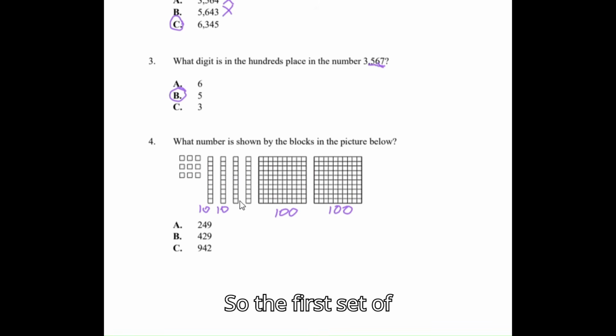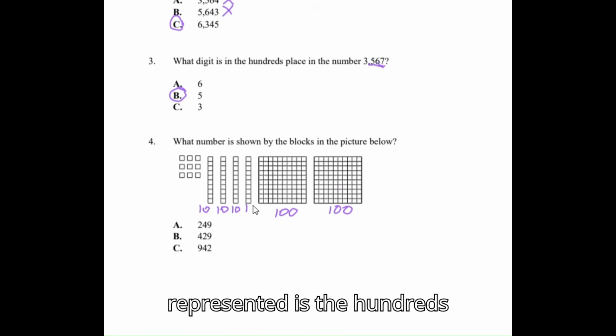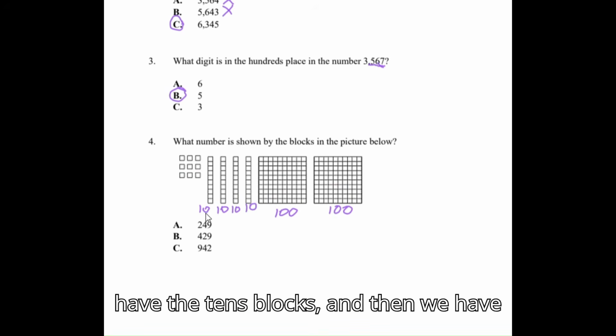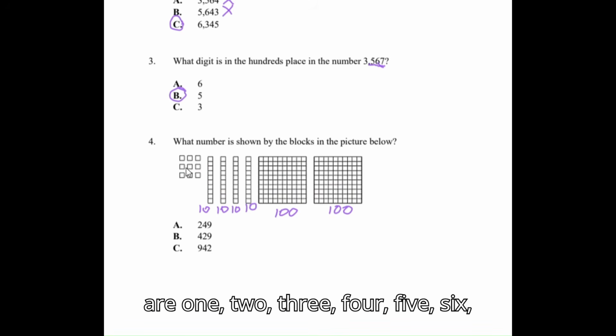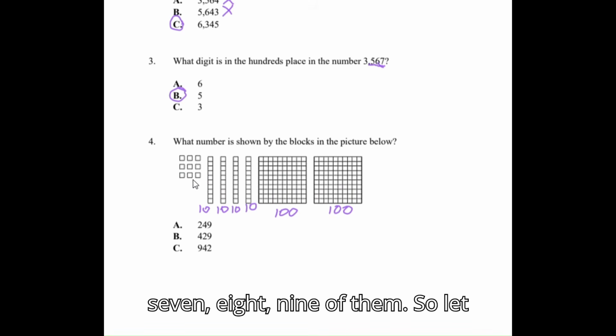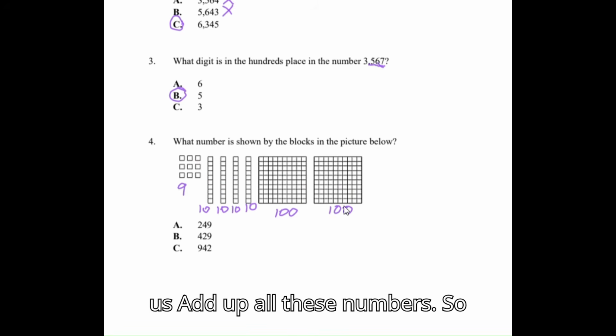So, the first set of blocks that was represented is the hundreds blocks, and then we have the tens blocks, and then we have the unit blocks, and there are 1 2 3 4 5 6 7 8 9 of them. So let us add up all these numbers.